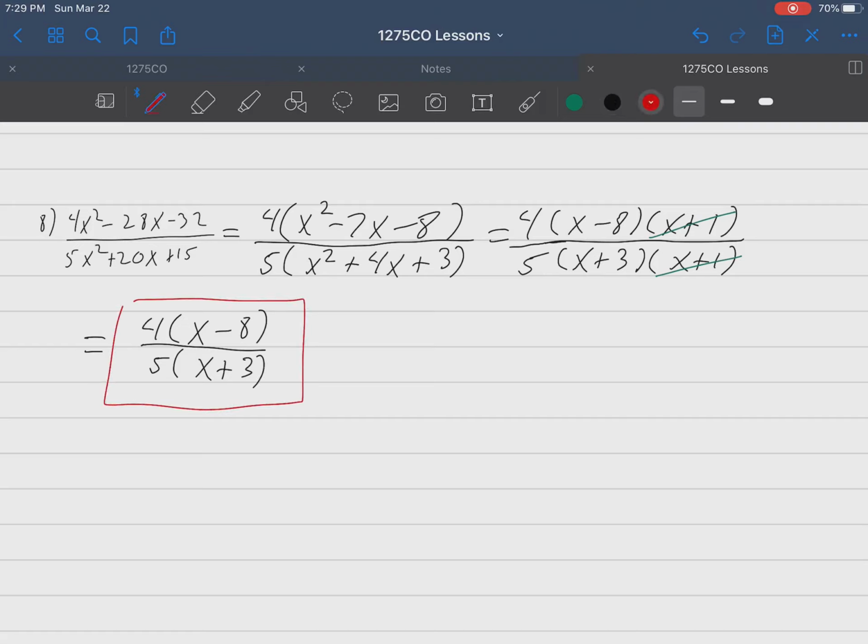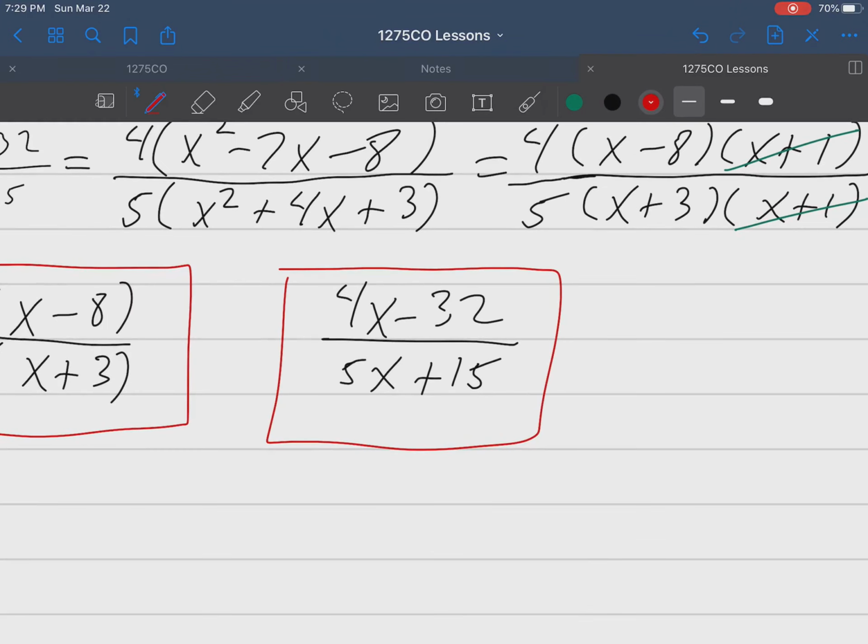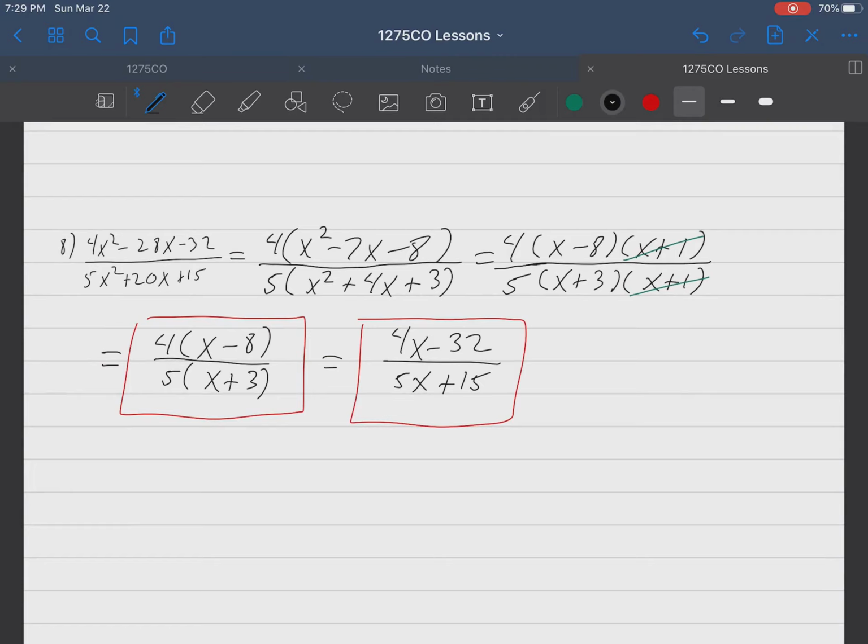So this is your final answer. If you decide to distribute that 4, and if you decide to distribute that 5, you will get the same amount of points. You will not get additional points for doing that extra work, but the answer will still be correct.